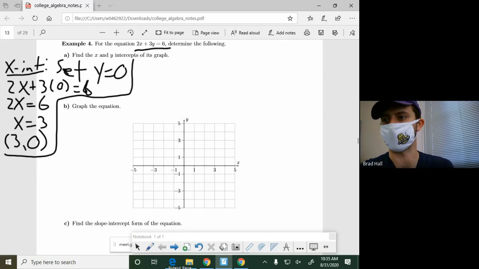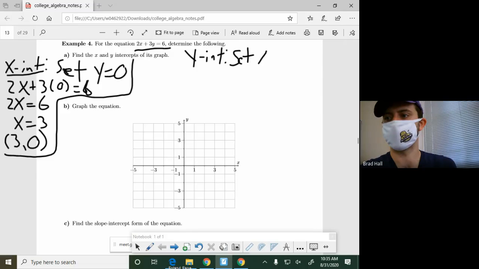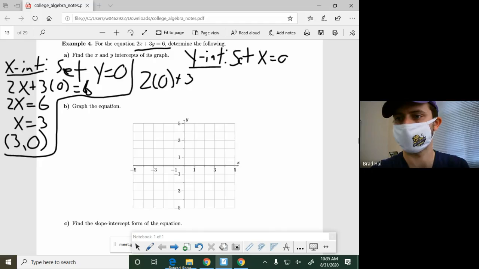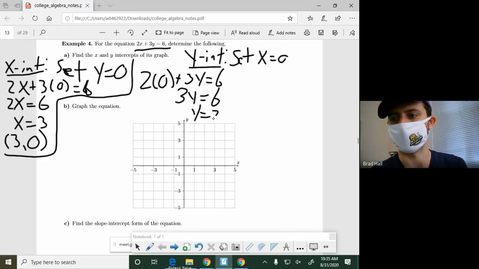And the y-intercept is very similar. For the y-intercept, you set x equal to 0. I'll replace x with 0 and solve for y, which ends up being 2.